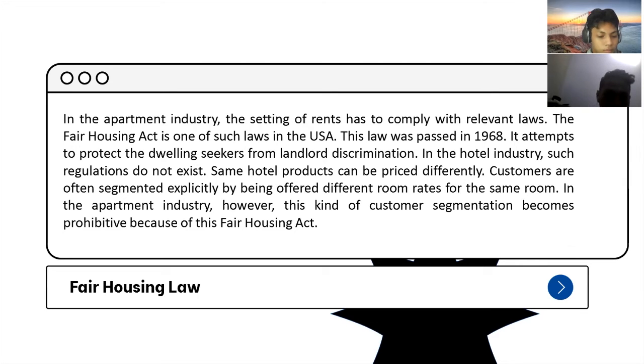In the hotel industry, such regulation does not exist. The same hotel product can be priced differently. Customers are often segmented explicitly by being offered different room rates for the same room. In the apartment industry, however, this kind of customer segmentation becomes prohibitive because of the Fair Housing Act.